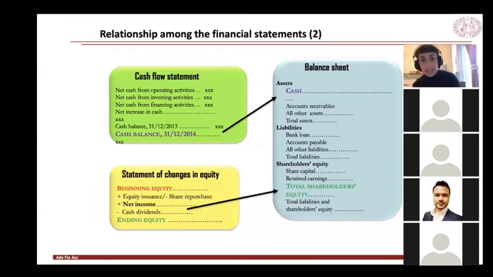The general idea is that in the income statement, we want to give specific and detailed information about how the company was able to arrive at the profit through its normal operating activities. That's very specific.